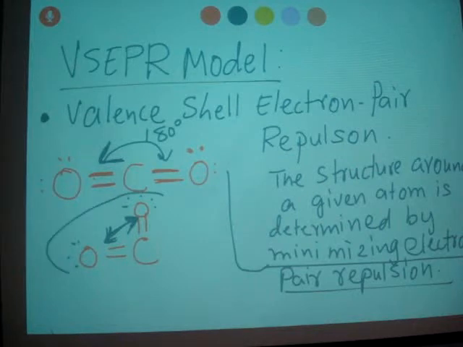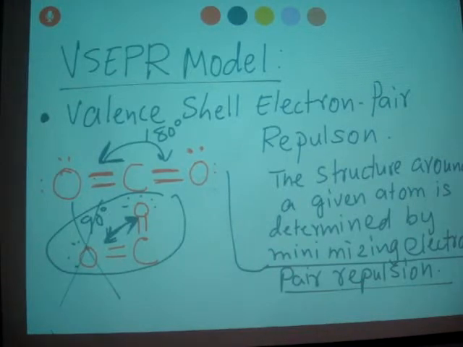They are not going to be situated at 90 degrees, they are not stable. Any structure takes such a shape when it has minimum repulsion between those electron pairs.